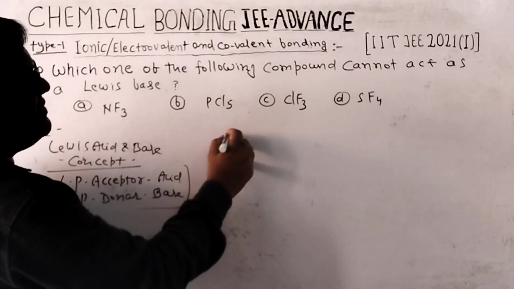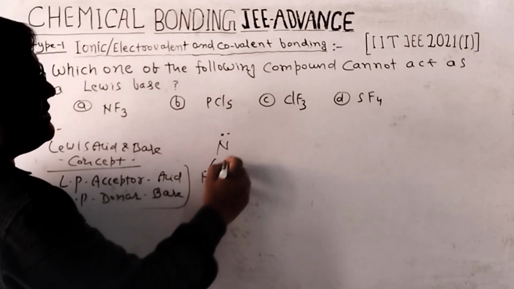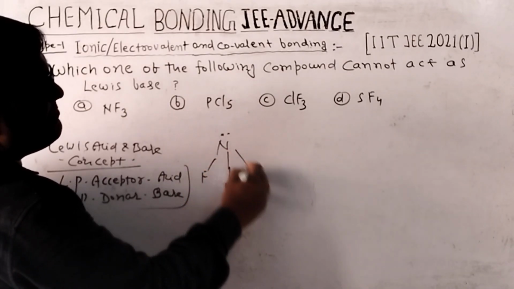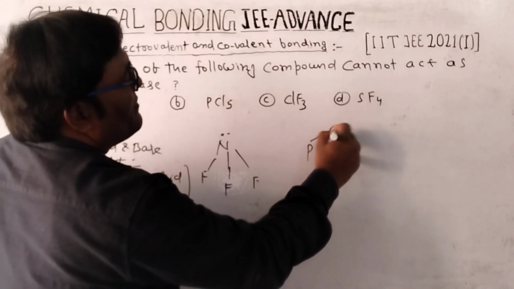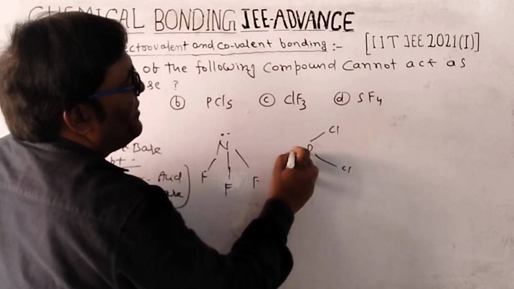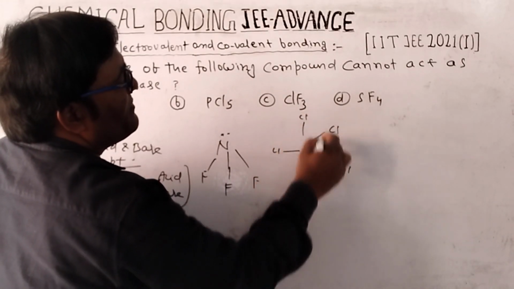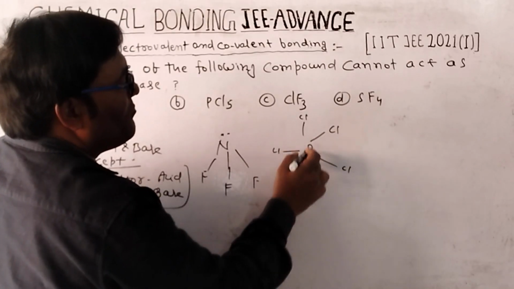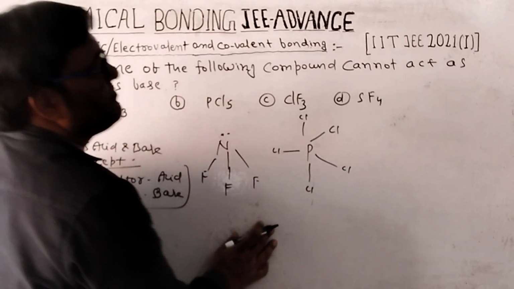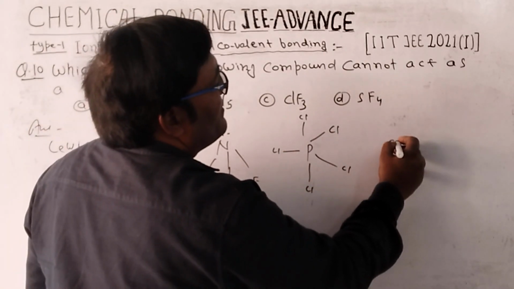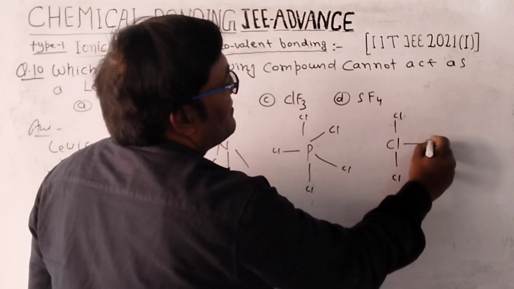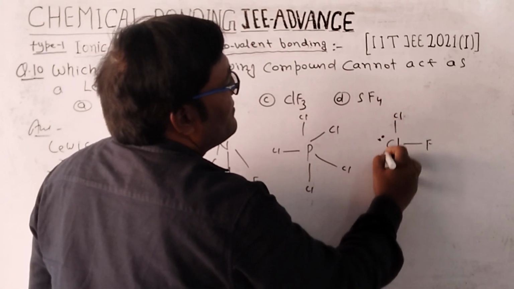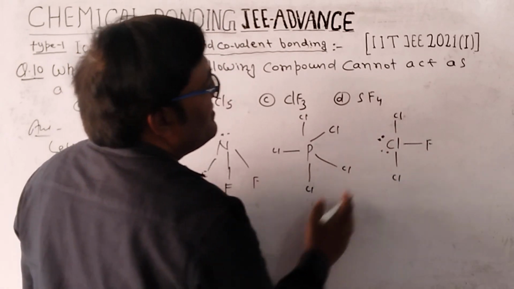In case of NF3, a single lone pair is present at nitrogen. In case of PCl5, no lone pair at the central atom. In case of ClF3, two lone pairs are present at the central atom.